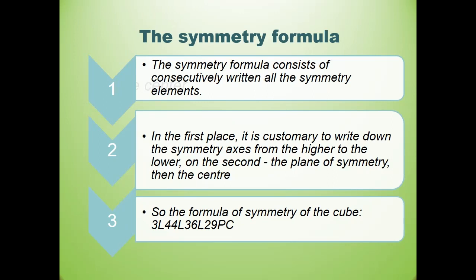However, by theorem number 4, along an axis of the fourth order, only 4 planes can pass. Consequently, the fifth plane should be different from these 4, and according to theorem number 2, if there is a center of symmetry, it should be perpendicular to the axis of fourth order.